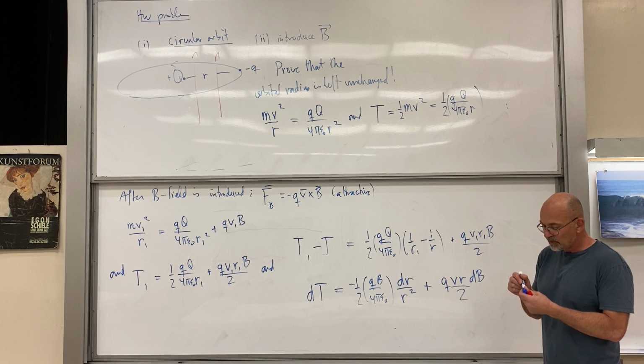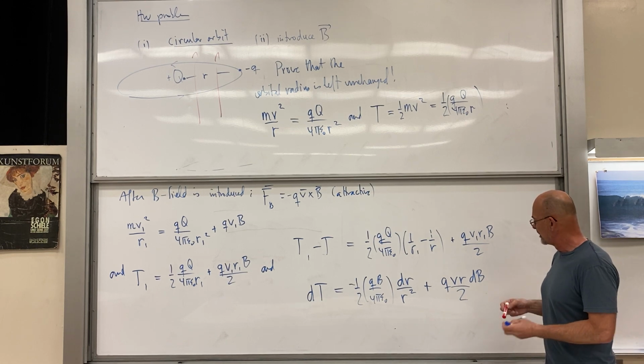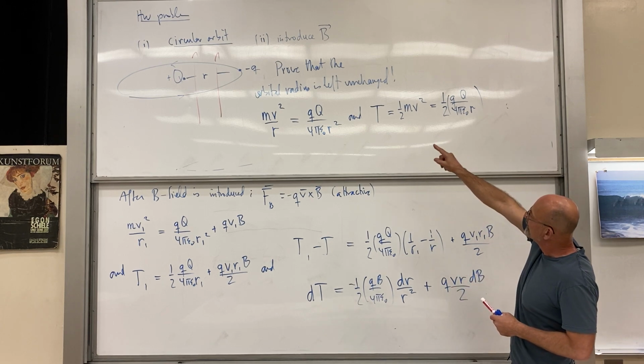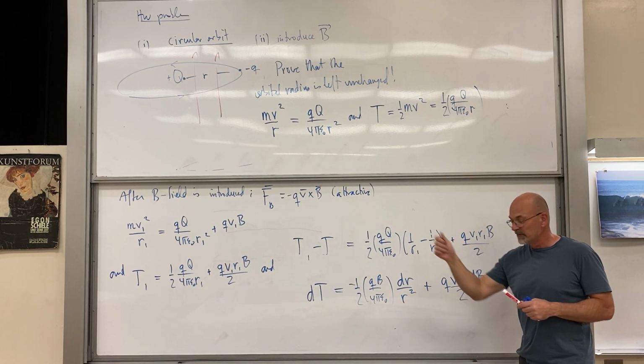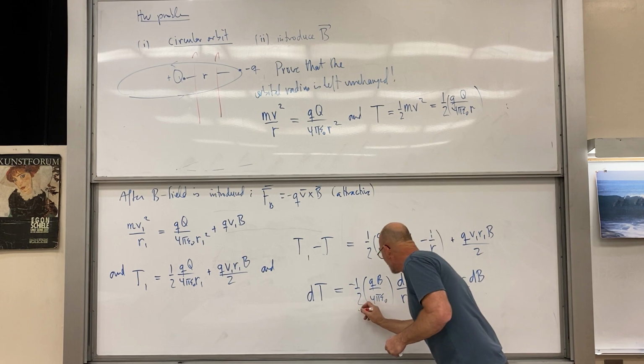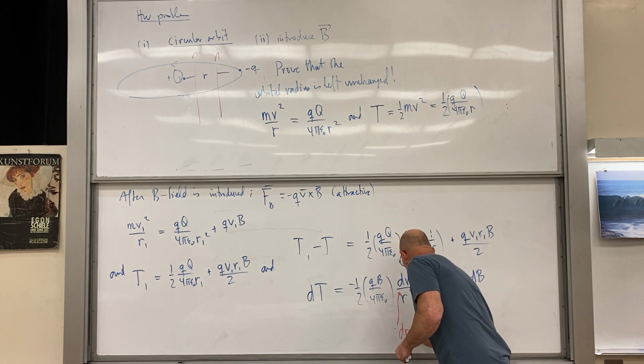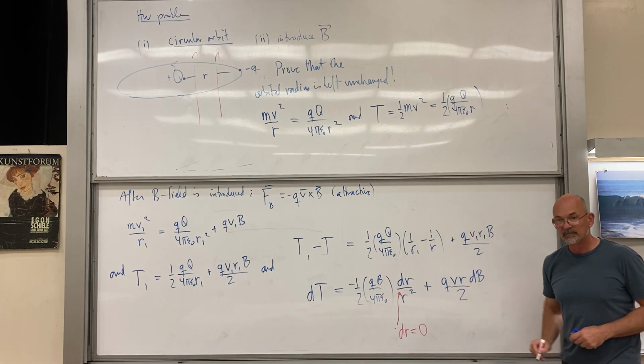And here's what we're going to do. To prove that the radius stays the same through this operation, we require specifically that dr be equal to 0.